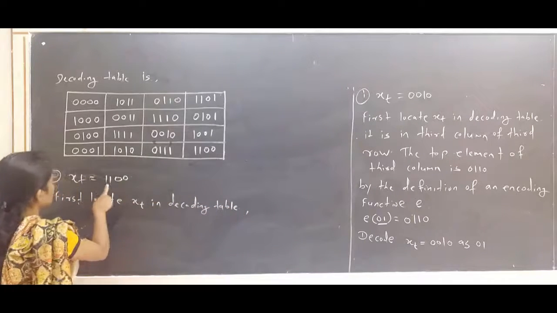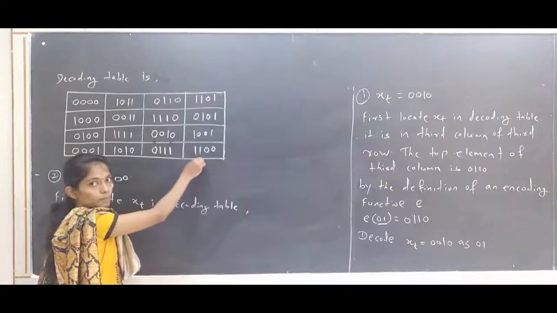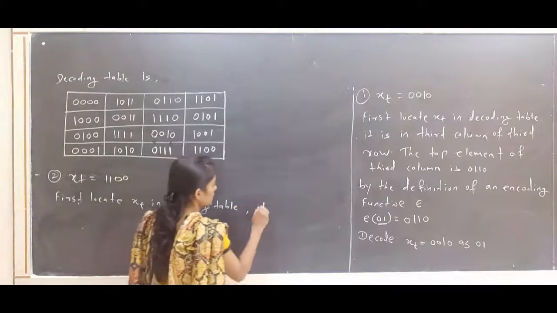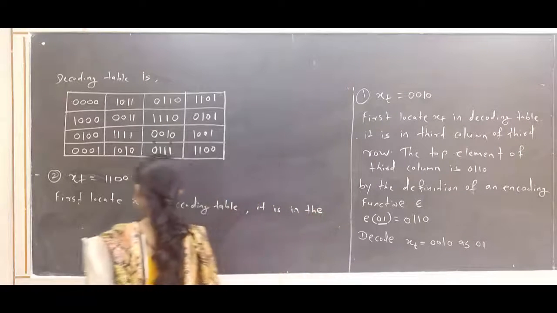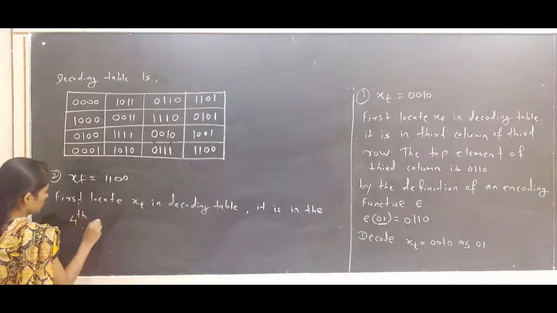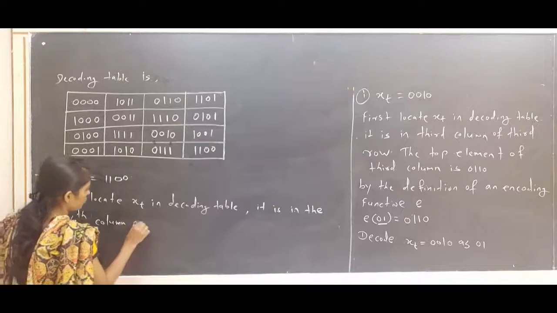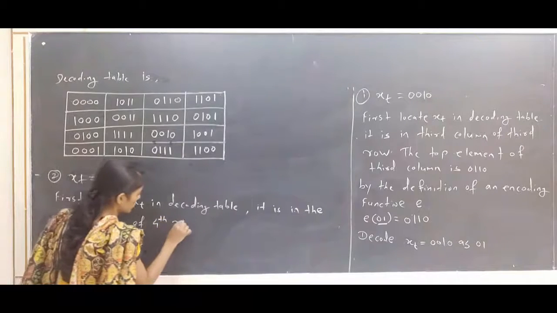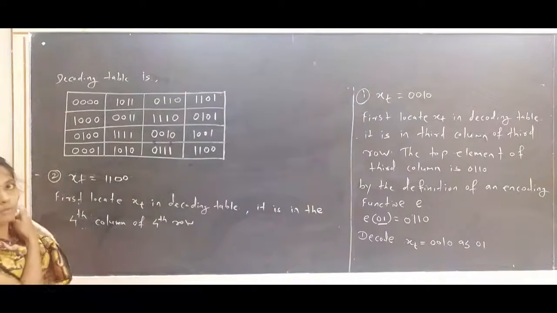So 1 1 0 0 is placed in the fourth column of the fourth row.